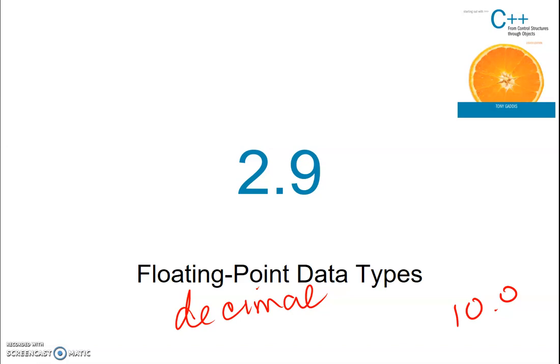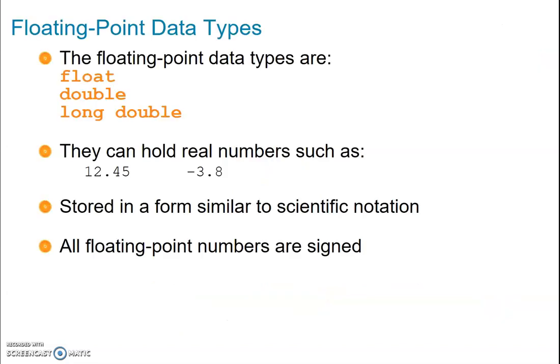So I can include my integers in my decimals. I just can't include my decimals in my integers. So we have three different types. Now they do have different size. The float is the smallest of the three, and then we have the double, and then we have the long double. The book and some of the code I give you uses a float.